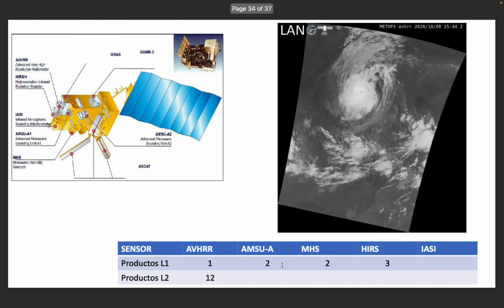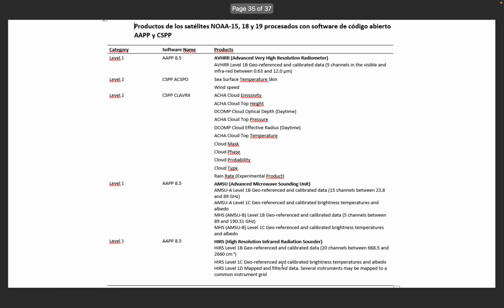From the top, 1 to 3. We have also 12 level 2 products and some other level 1 products.